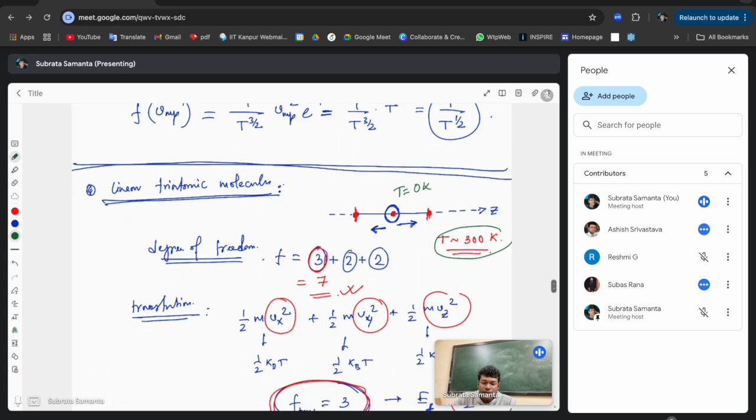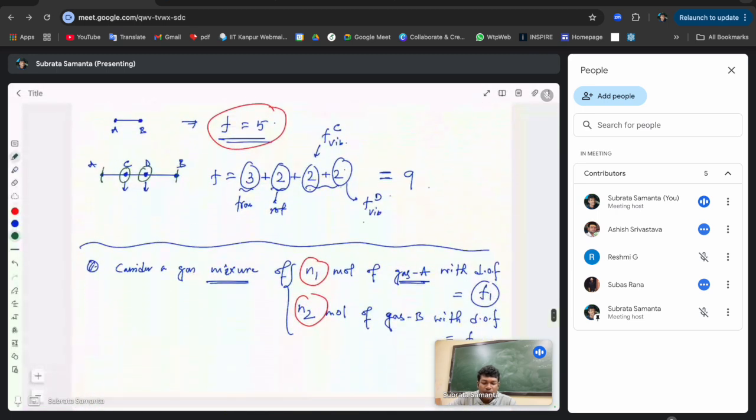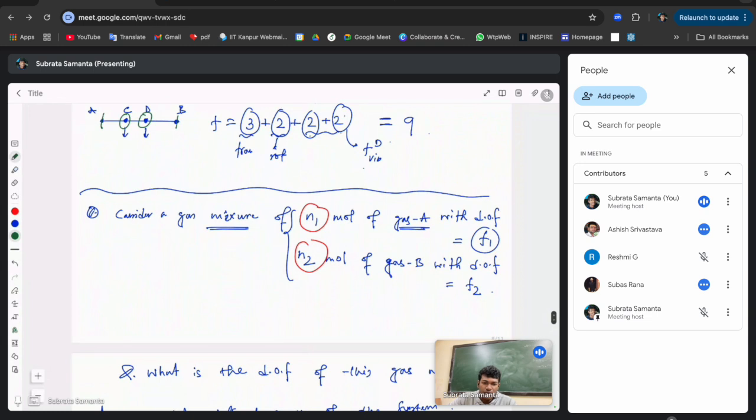But if you have a high temperature, around room temperature, you can consider the vibrational degree of freedom. There is always a boundary after which you can consider vibrations, and below which you cannot.